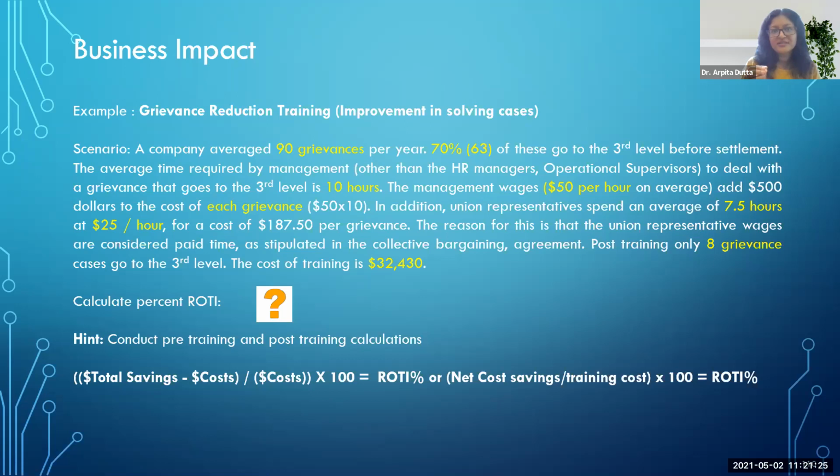reduce the number of grievances. Earlier, before the training, a huge number of grievances used to go to management and consultants. And consultants used to charge for every grievance that they resolved.